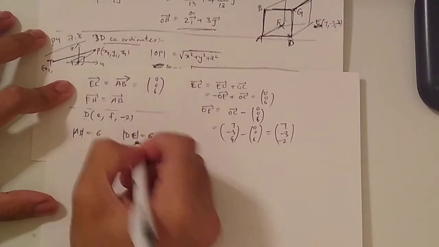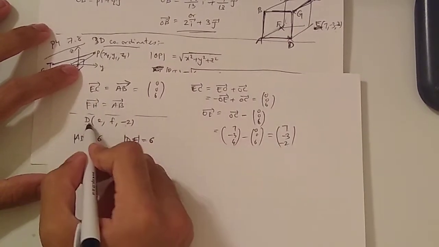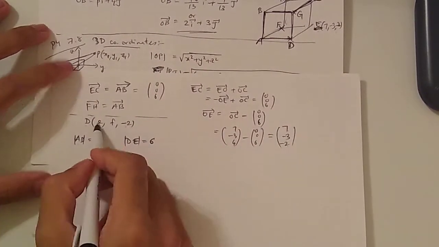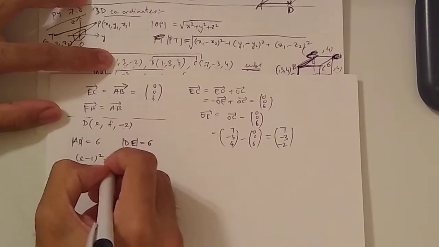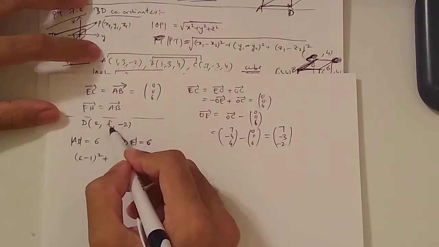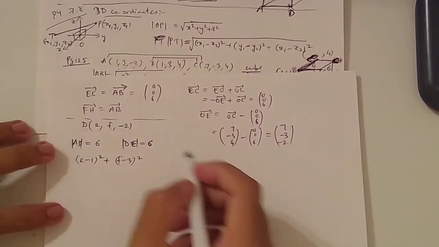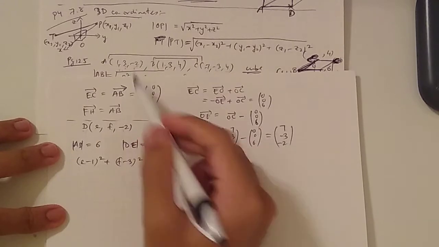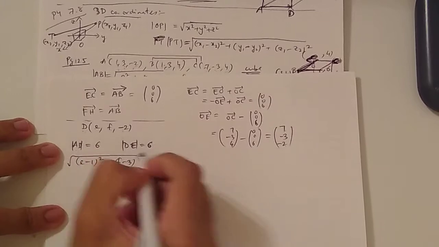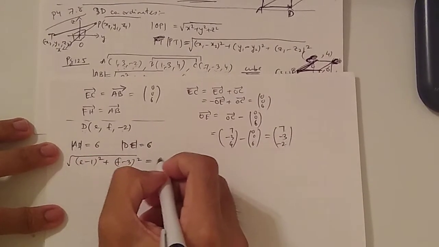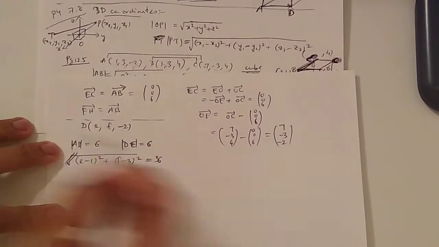It is going to be the square root of E minus 1 the whole square, plus F minus 3 the whole square, plus minus 2 minus 2 the whole square, which is going to be 0 because they are both sharing the z coordinate. This is equal to 6. If I remove the square root, this becomes 6 squared, which is 36.